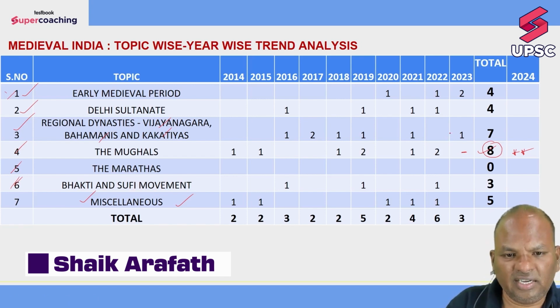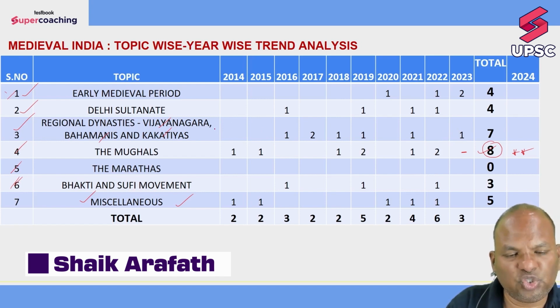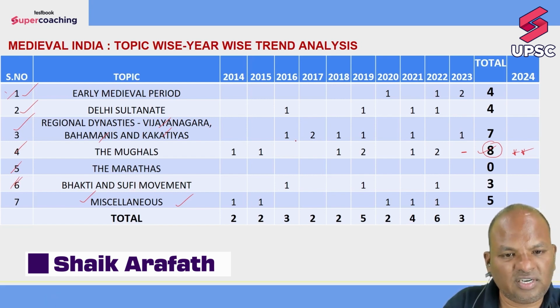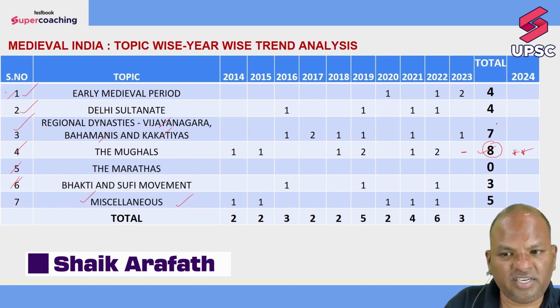Very interestingly, this topic, the 3rd chapter, that is regional dynasties, has assumed great importance in the last many years. Since 2016, at least one question began to be asked by UPSC each year. 7 questions came, particularly in the last 7 years, from this particular chapter. So this chapter has assumed great significance in the last couple of years.